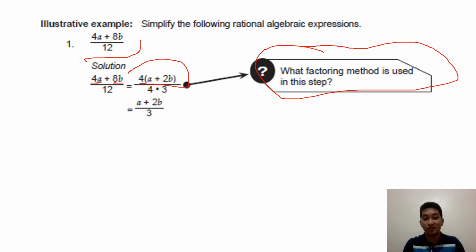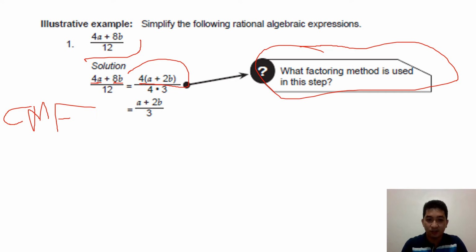What's the greatest common factor of 4 and 8? Simply, it's 4. And then, is there the same variable in the two terms? O meron bang parehong variables dun sa dalawang term? Wala po. So, meaning 4 is just the common monomial factor or the CMF.